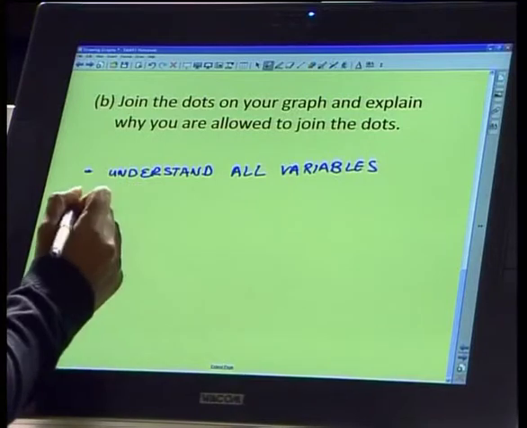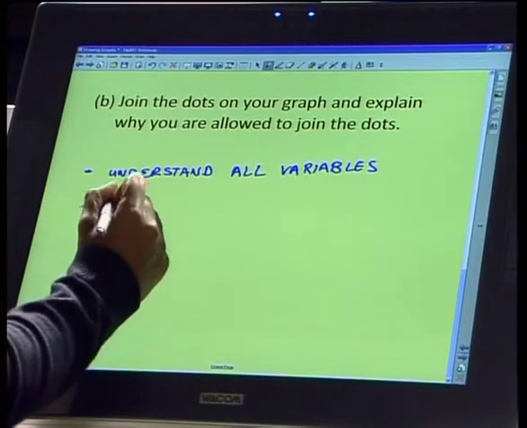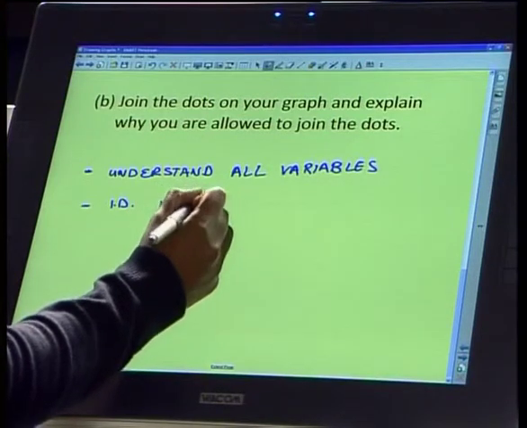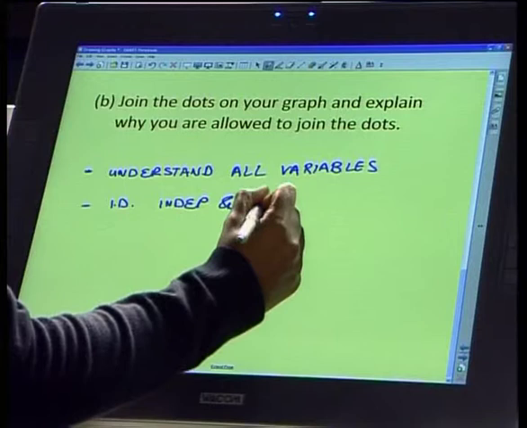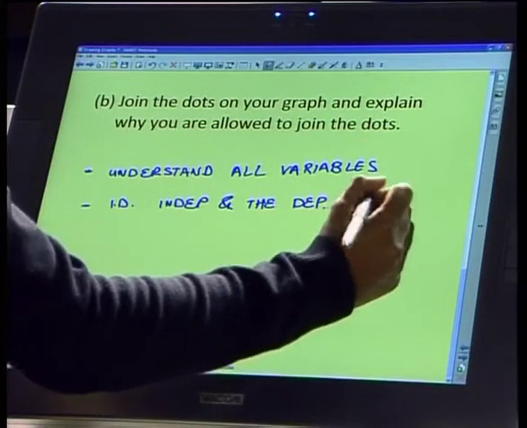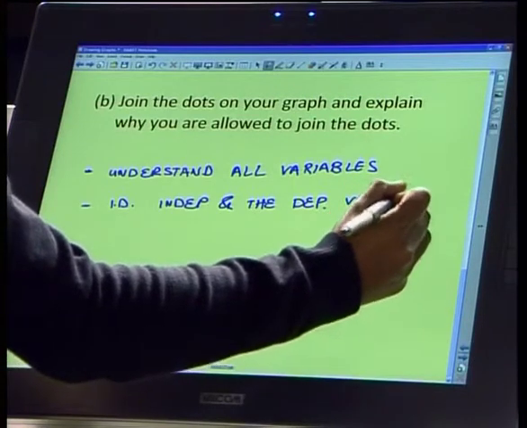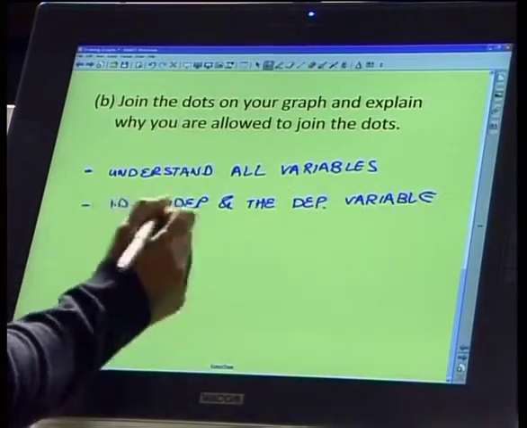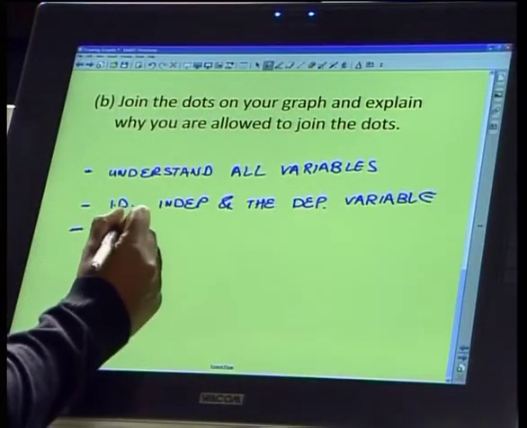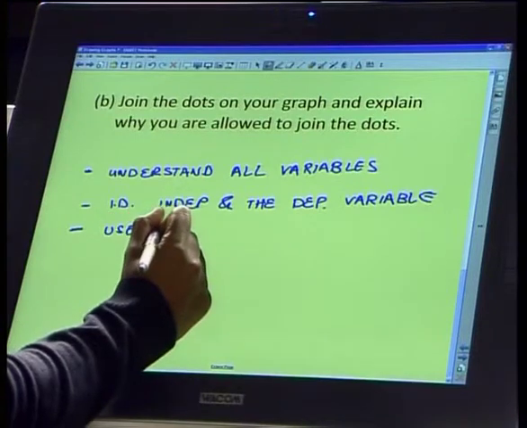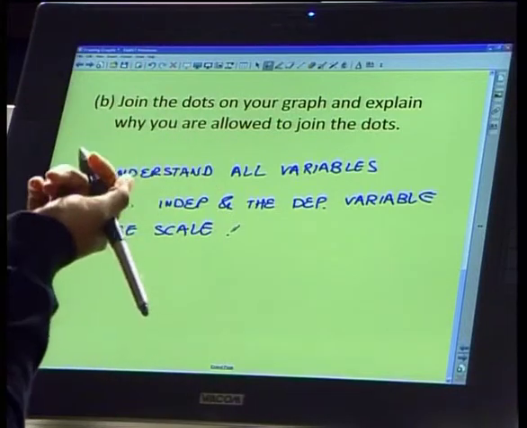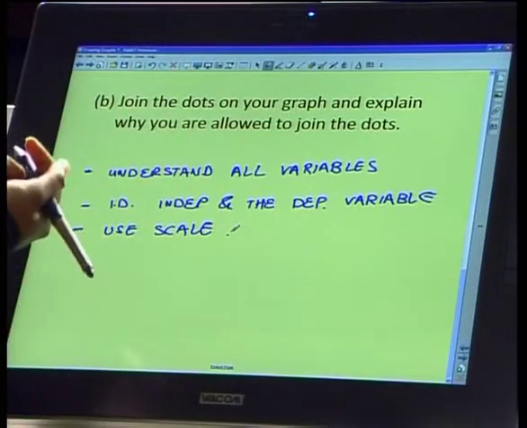Then also very important is to identify the independent and the dependent variable. That will also then tell you what you should be plotting on the x-axis and what you should be plotting on the y-axis. So it's important to identify which variable depends on which. And then finally, always use an appropriate scale. So use the correct scale. And then as always with every graph, make sure you label your axes and give your graph a title.